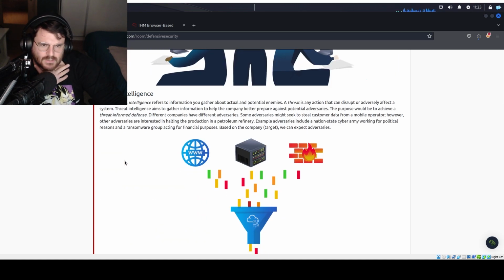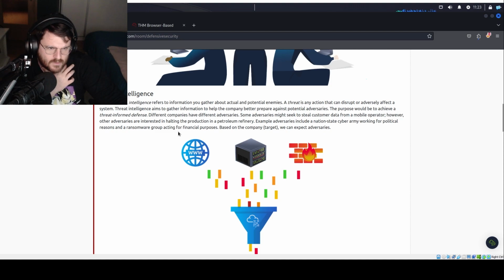Threat intelligence, the information gathering part, which is very important also in red teaming. Basically, information gathering about the vulnerability in order to know more about it and prevent future breaches or whatever.